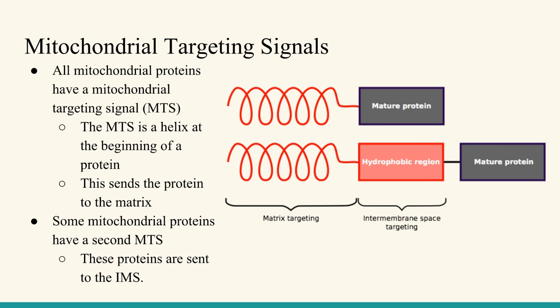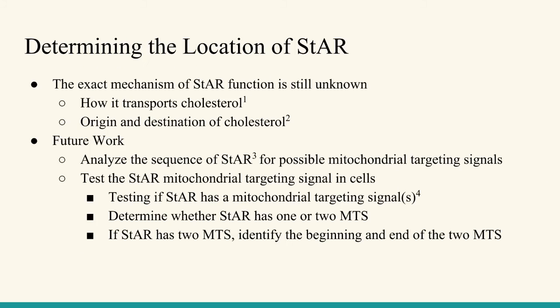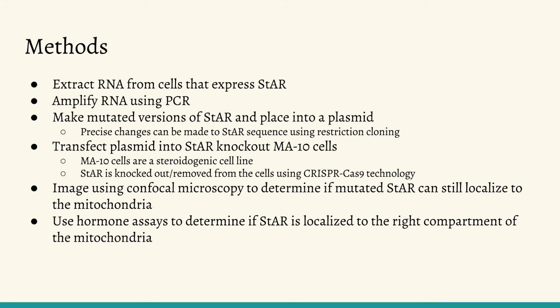When you go to your methods again: extract RNA, express STAR, amplify RNA, make mutated versions of STAR. Do you know what mutated versions you're looking at? You'd probably make knockout versions.